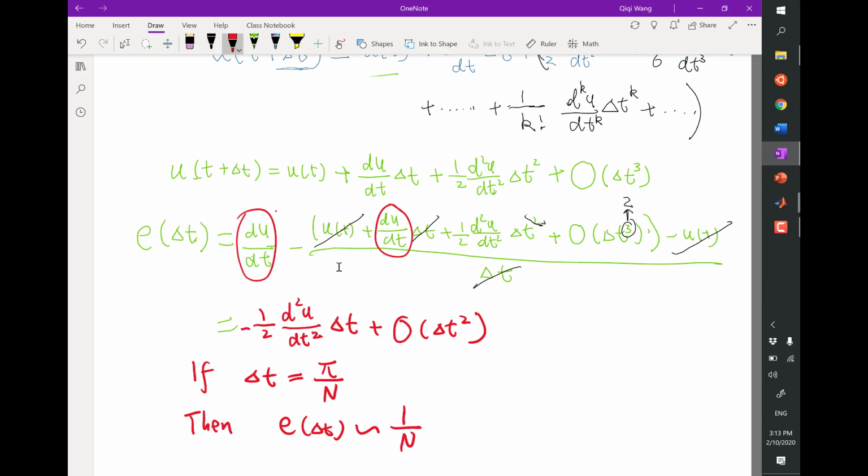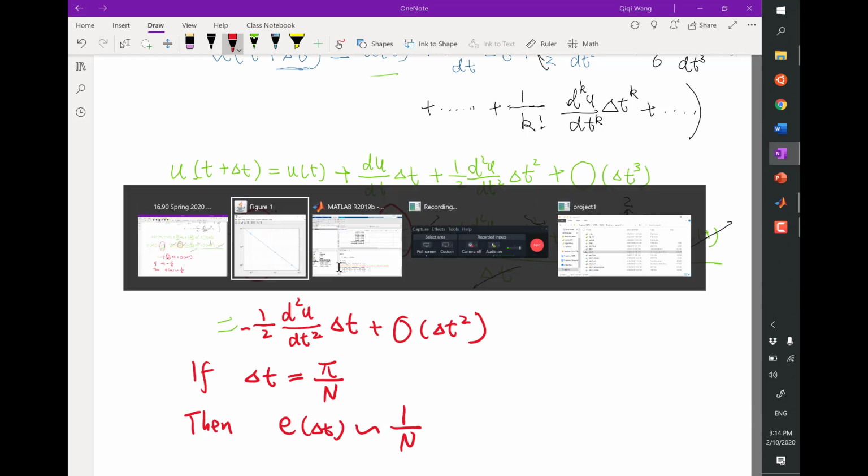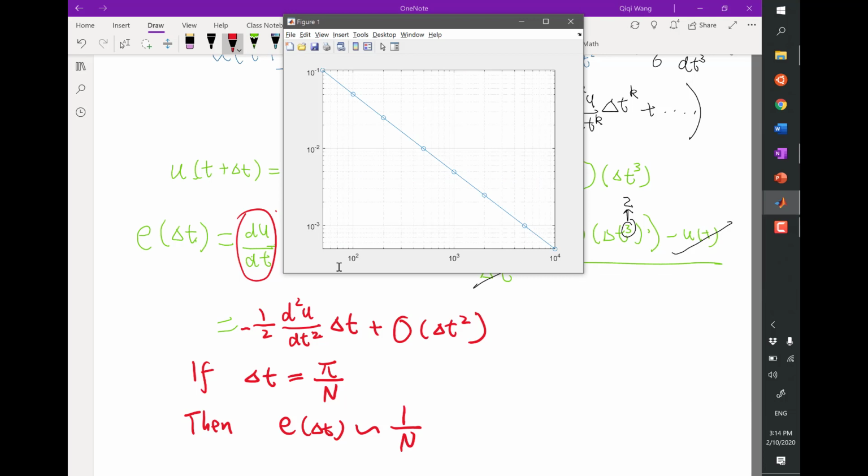I mean, this means proportional, some constant times 1 over n. This is exactly what we are observing here, right? As I increase n by a factor of 10, the error decreases by a factor of 10. So the mathematical analysis using Taylor series expansion actually explains the behavior of forward Euler.